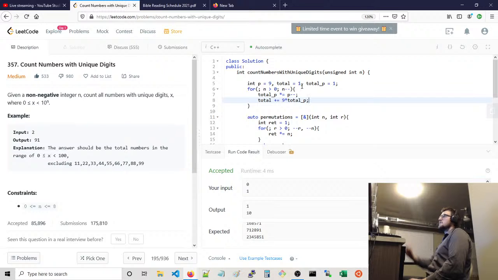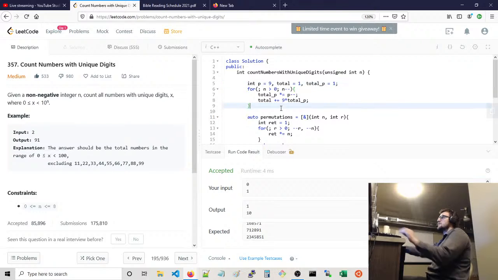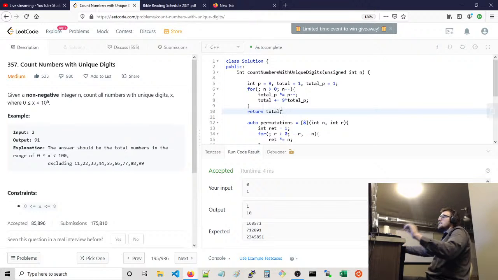So when n is 0, we return the total at the end. N is 0, return 1, right? I think n is 0 gives 1.